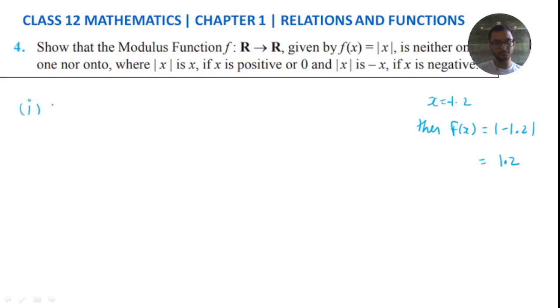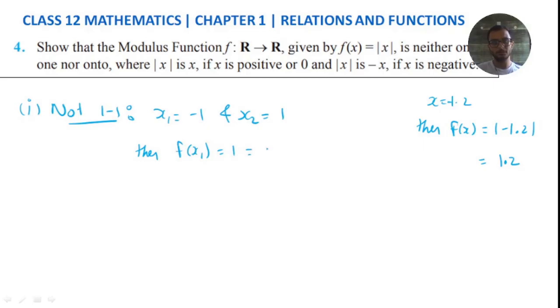So first let's show it is not one-one. For that, again we have to find a pair for which the image is the same but the two points are different. So take x1 equals minus 1 and x2 equals 1. Then f of x1 will be 1. Also f of x2 will be 1, because it is already positive, so it will give that point only.